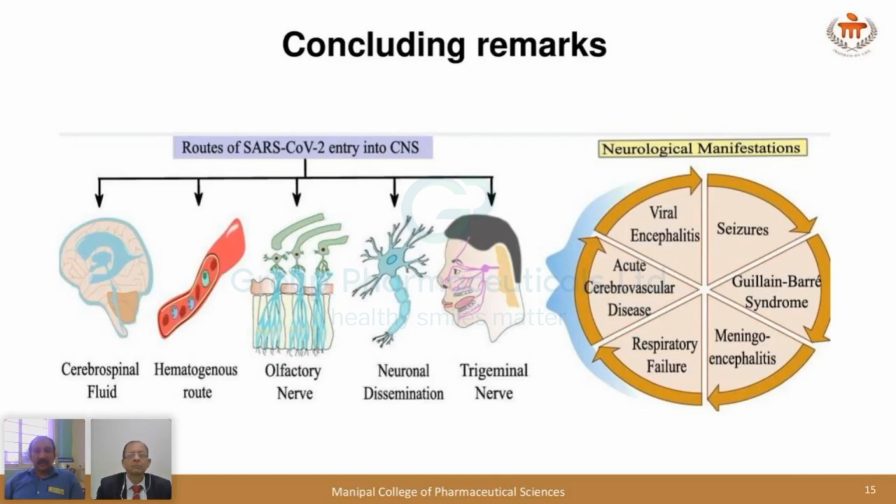The neurological manifestations surfacing as part of the CNS effect of SARS-CoV-2 are seizure, Guillain-Barré syndrome, meningoencephalitis, respiratory failure, acute cerebrovascular disease, and viral encephalitis.